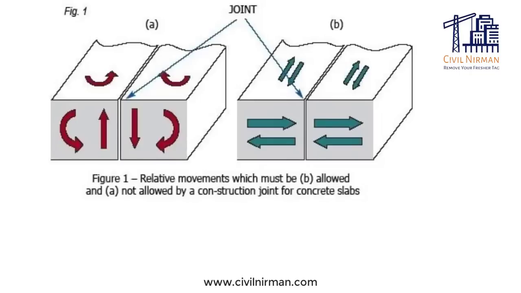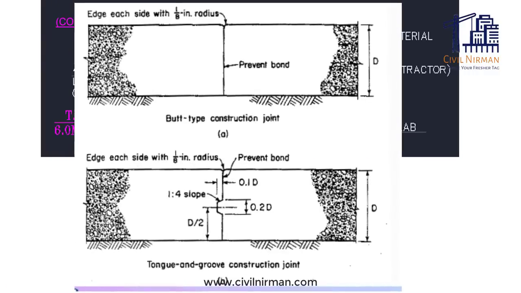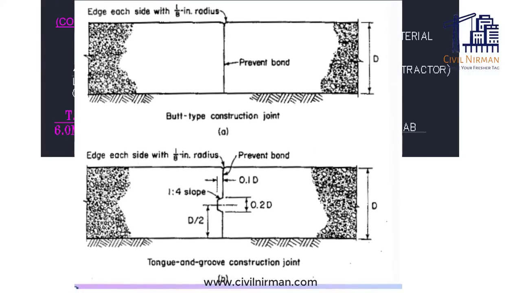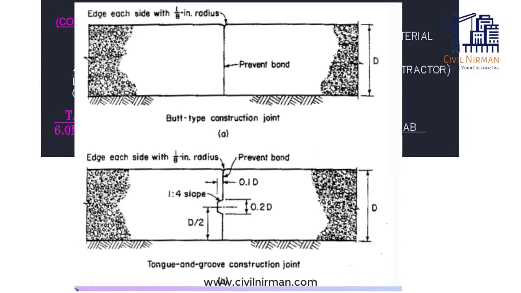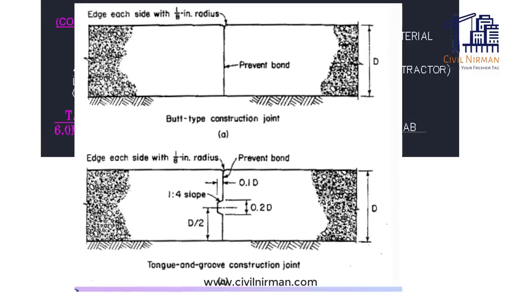Concrete has the property of expansion and contraction due to temperature changes, right, which results in a change in the volume of the concrete. This change in volume can be a cause of concrete cracking. Therefore, to prevent the concrete cracks, construction joints are provided in the concrete.